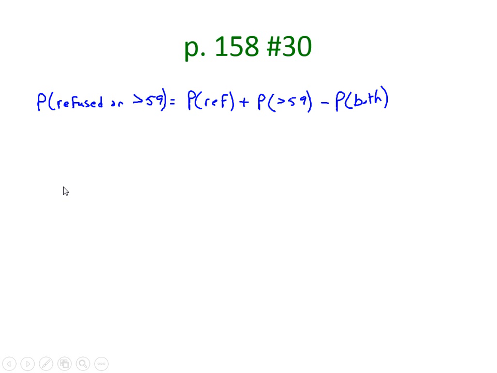The way I'd be writing this to begin with, we're going to find the probability they refused or they're over 59 years old. We're going to find the probability that they refused plus the probability that they're over 59, and we're going to subtract off the probability that they're both. So this is using that formal addition rule. Well, what's the probability that they refused to answer? How many people refused to answer my survey?